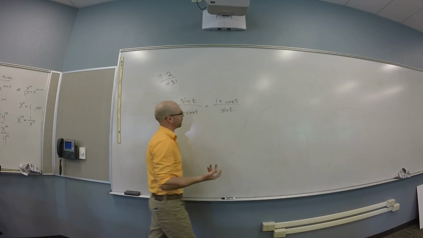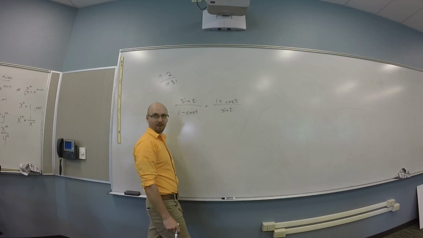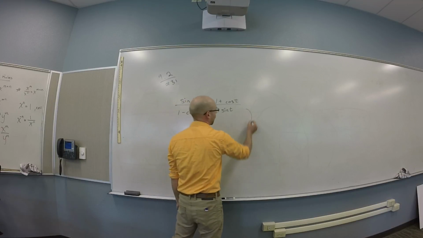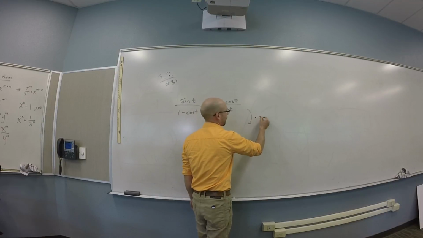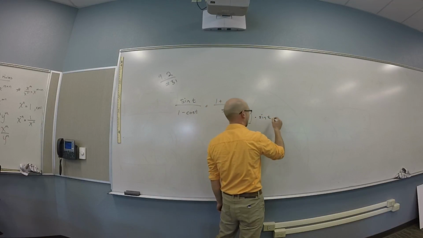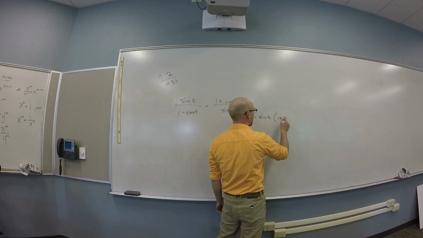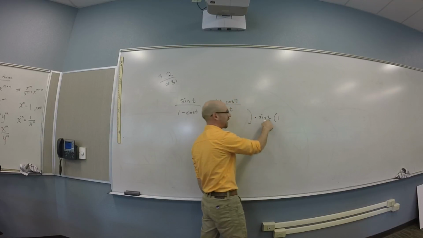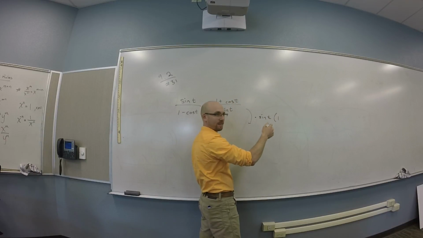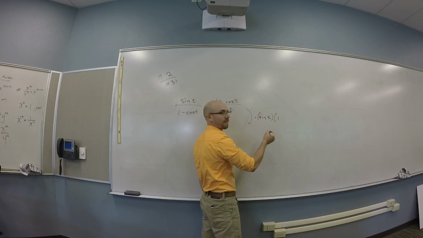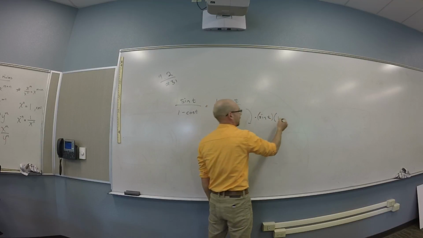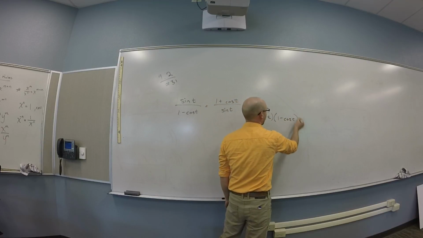So, which one do you want to do first, or do you want to do them both at the same time? Let's do both. We'll multiply by the common bottom, which is what? Sine of t and 1 minus cosine of t, right?